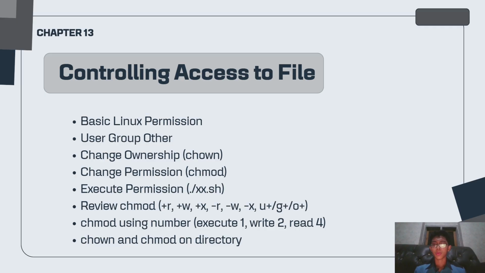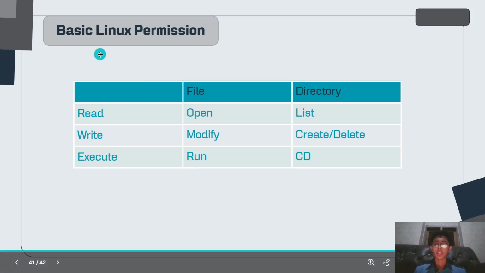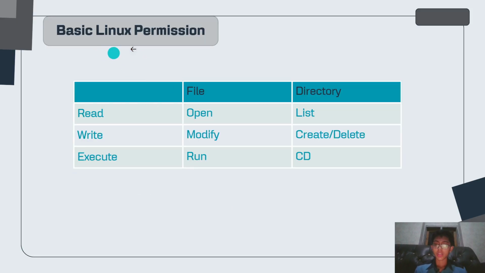So the first one is basic Linux permission. In basic Linux permission, there is read permission. For a file, it is to open the file, but for a directory it shows the list of the files in the directory.